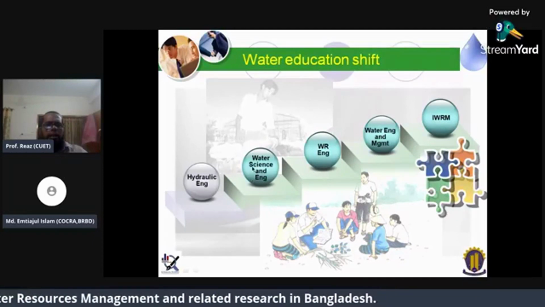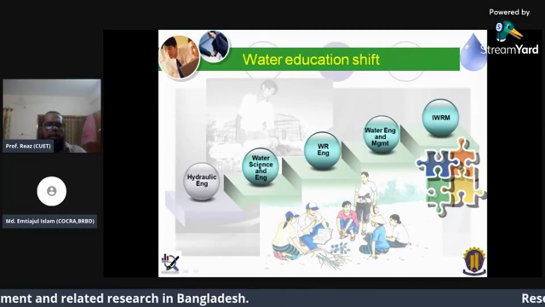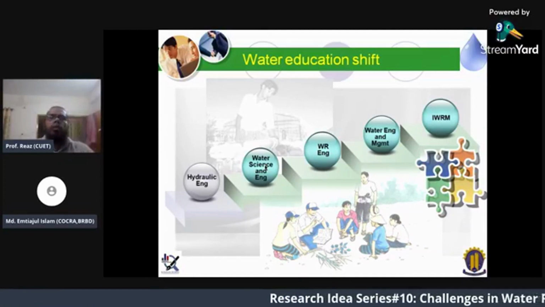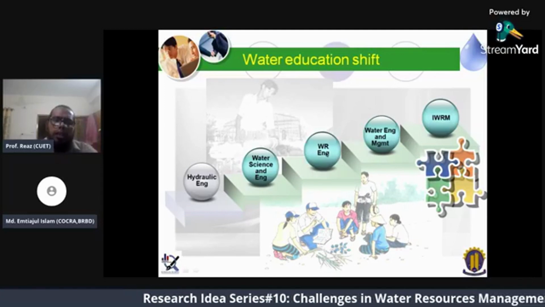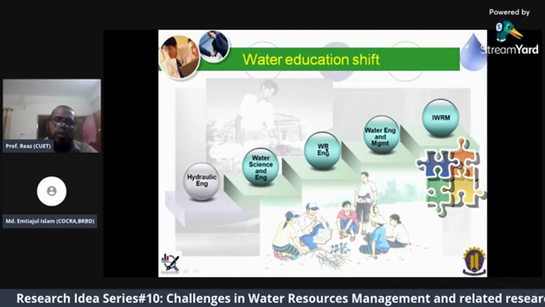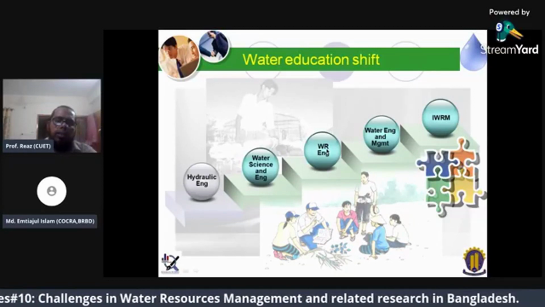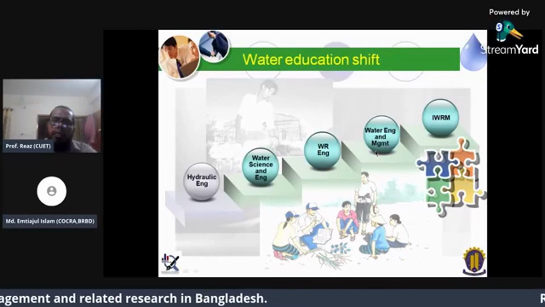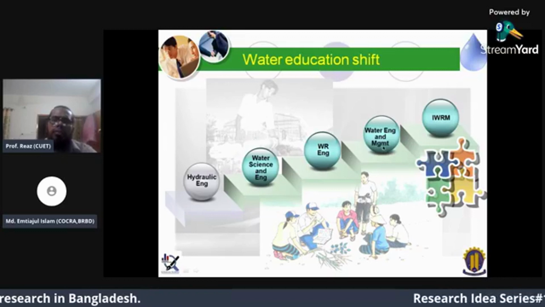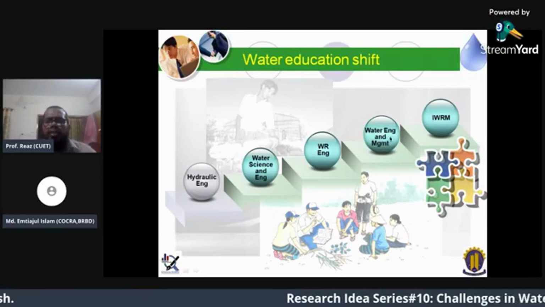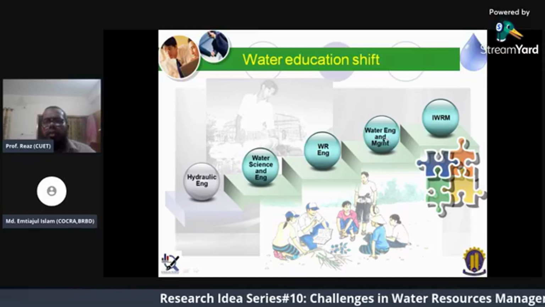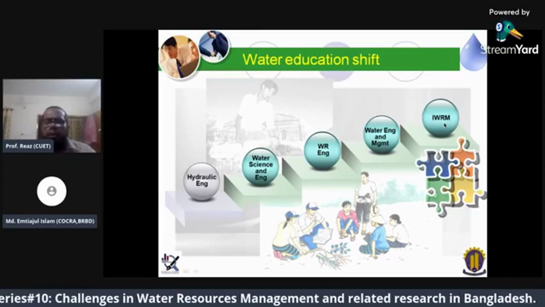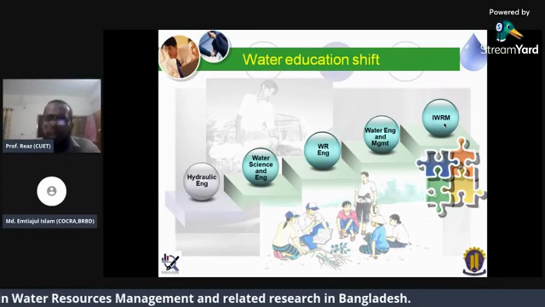Then it shifted to water science and engineering, and water science was mostly about the water treatment process. Then the word water resources engineering came, meaning the entire resource was considered. Then water engineering and management, the management term, came after, around the 1980s or 1990s. And nowadays we are mostly focused on IWRM, where everything is included in our education system.